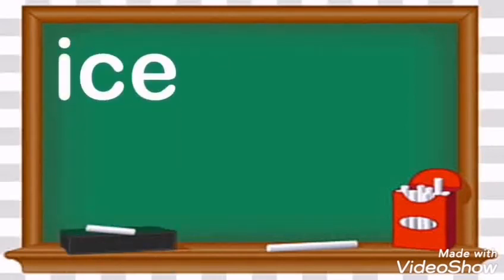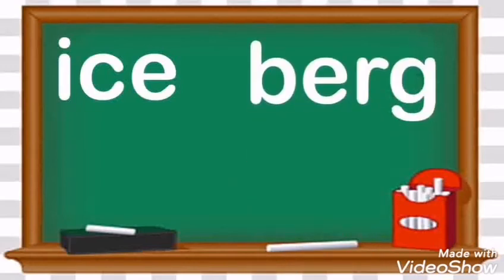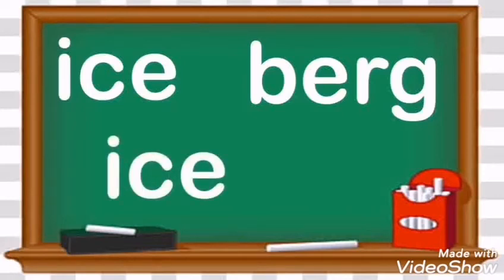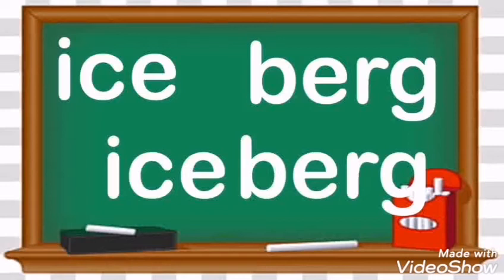Ice. Ice is a solid state of water. Berg. Berg means a mountain of glacier. When we join these words together, it will create a new word with a new meaning.